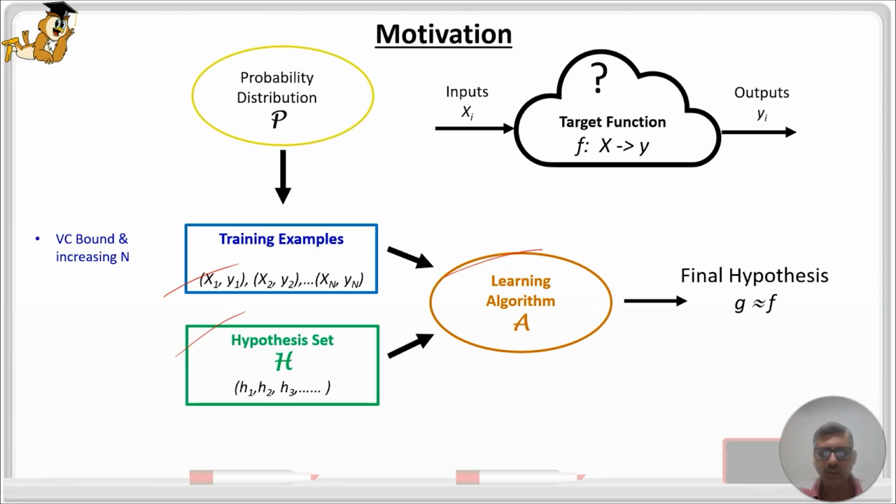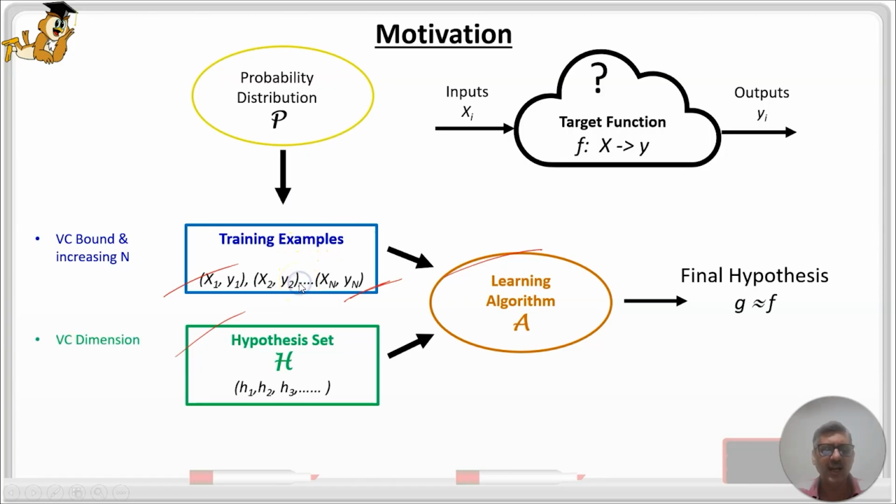From the point of view of the training examples, we've looked at the VC bound, and we've seen that increasing the number of training examples is a solution to reduce Eout, as long as, of course, the hypothesis set had a finite VC dimension. But you could make the quality of your output better and better by taking more and more training examples. We were assured of that in an earlier lecture.